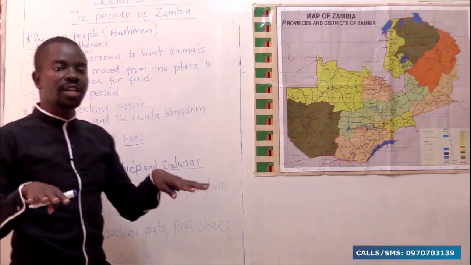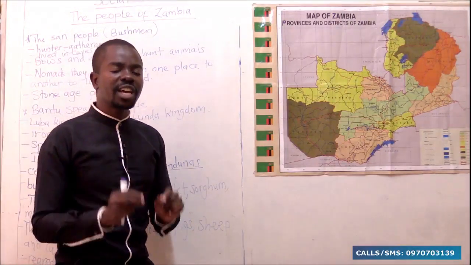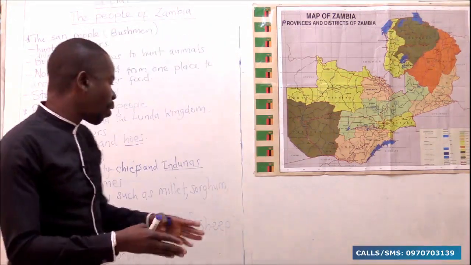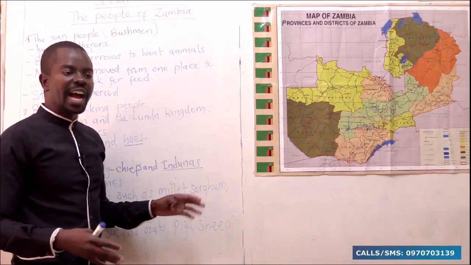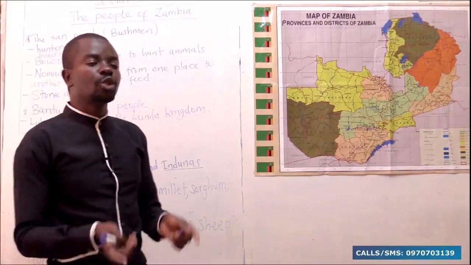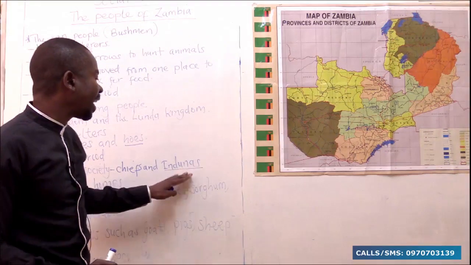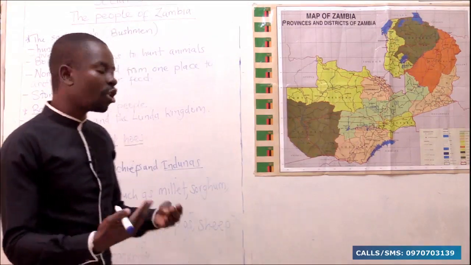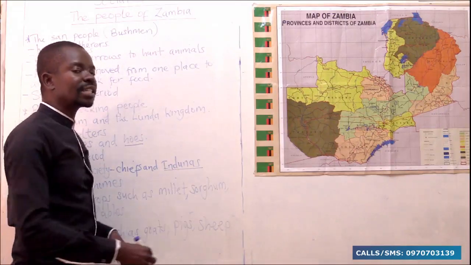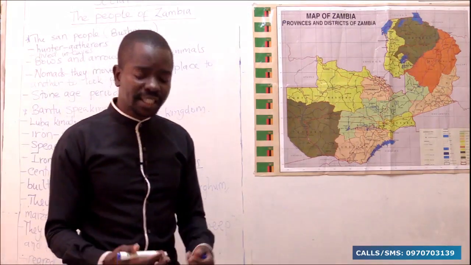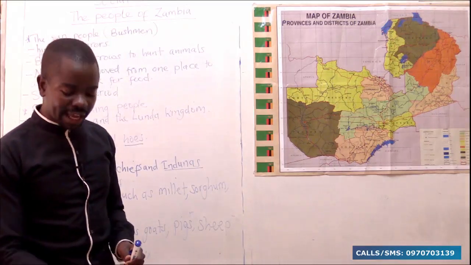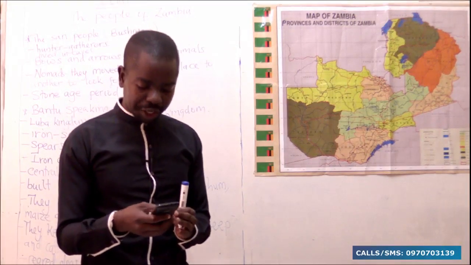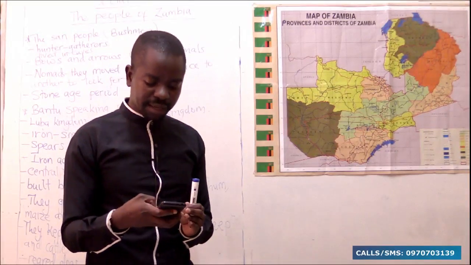If anyone had a problem, before they go to the chief, they could report their case to the induna, and if the induna fails to solve that problem, they could take the case to the chief. So the indunas were elders of the village. I hope I have answered that question.